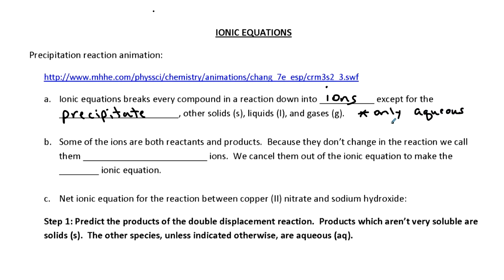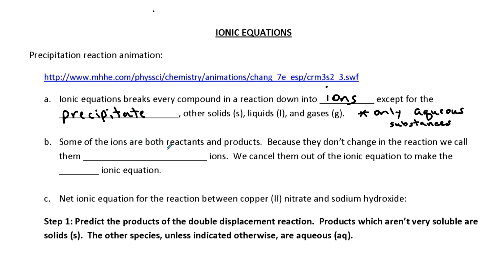Everything else stays intact and our aqueous ones break down, because if an aqueous solution has a dissolved ionic compound in it, that ionic compound separates out into its individual ions. We call that process dissociation. So the ionic equation actually shows the dissociation.